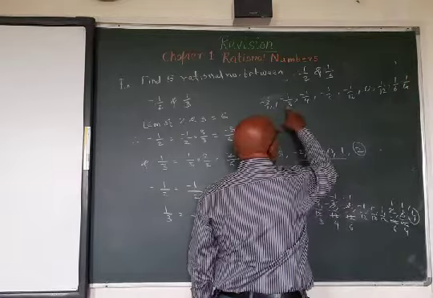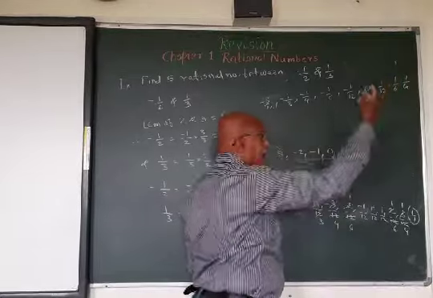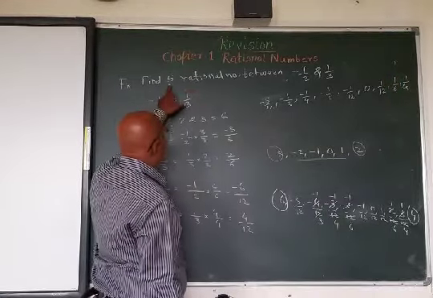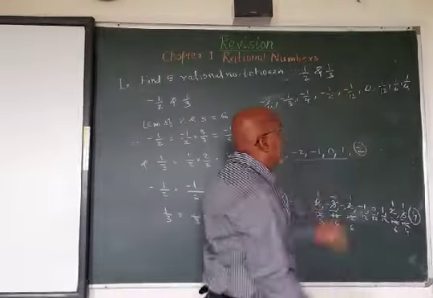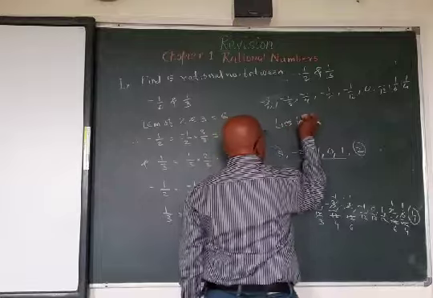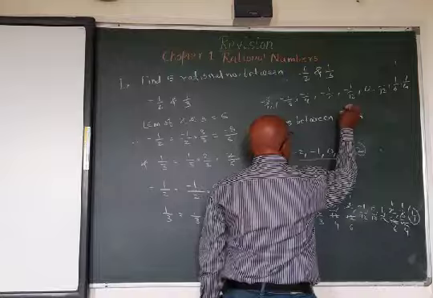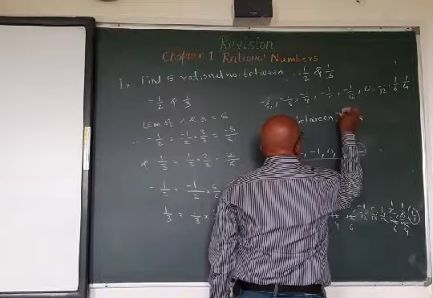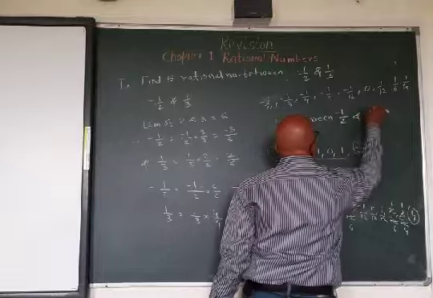How many numbers? 1, 2, 3, 4, 5, 6, 7, 8, 9 numbers we have found. We need only 5. So out of these 9, you can take any 5 numbers and write them as lying between minus 1 by 2 and 1 upon 3.